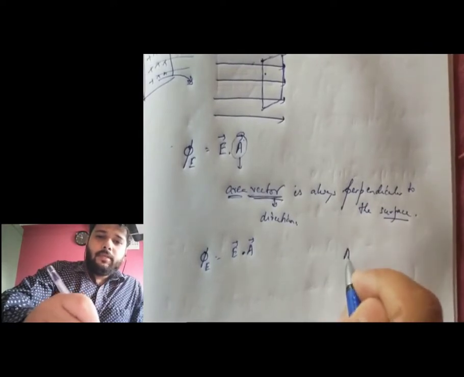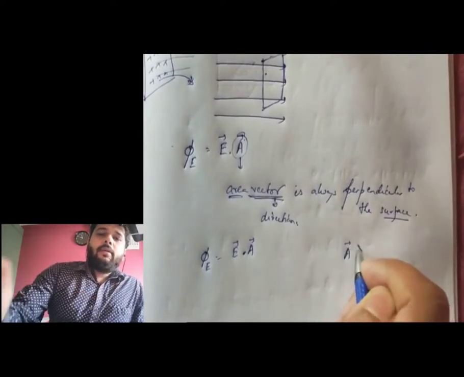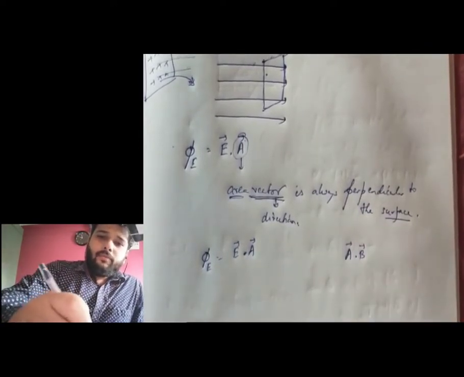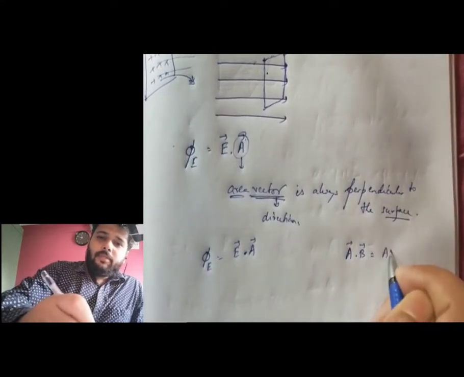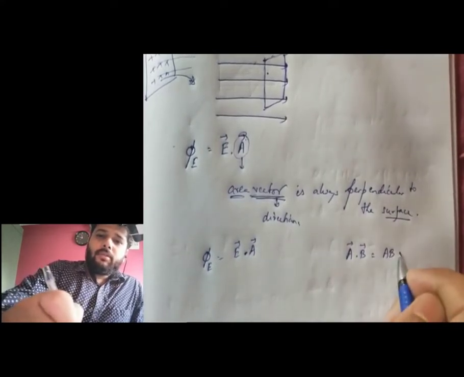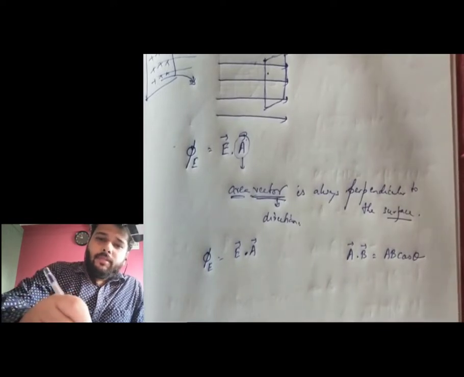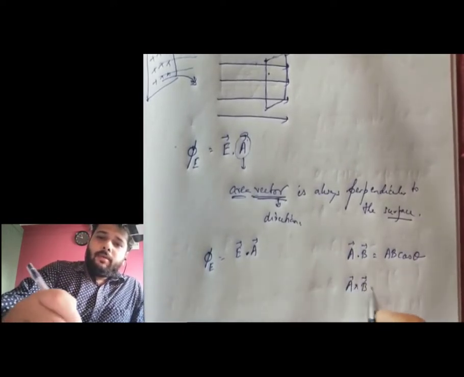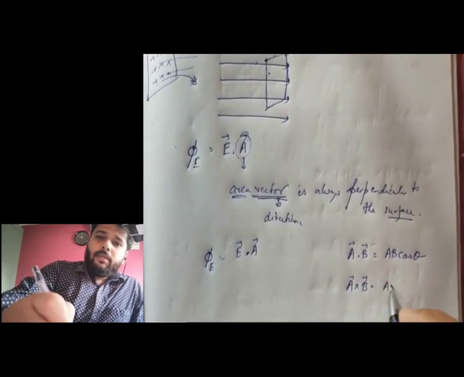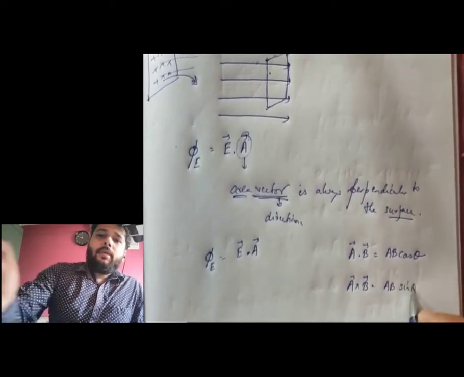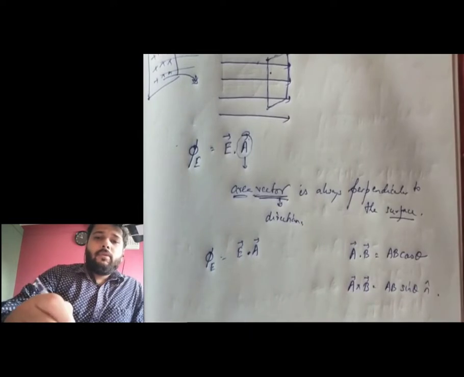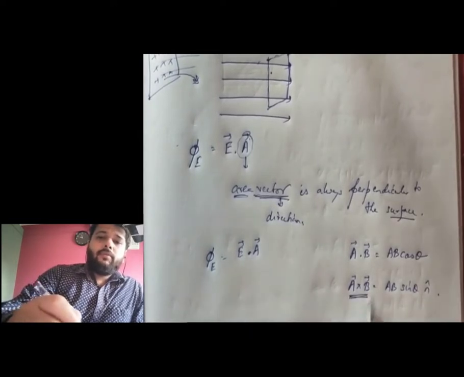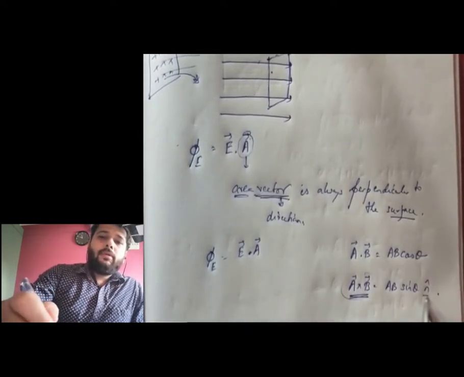Suppose there are two vectors A and B with a dot product, the magnitude will be AB cos theta. And if it is a vector product or cross product, then we write magnitude as AB sin theta, and there will be a unit vector, because A cross B is a vector quantity, so it has got a direction.